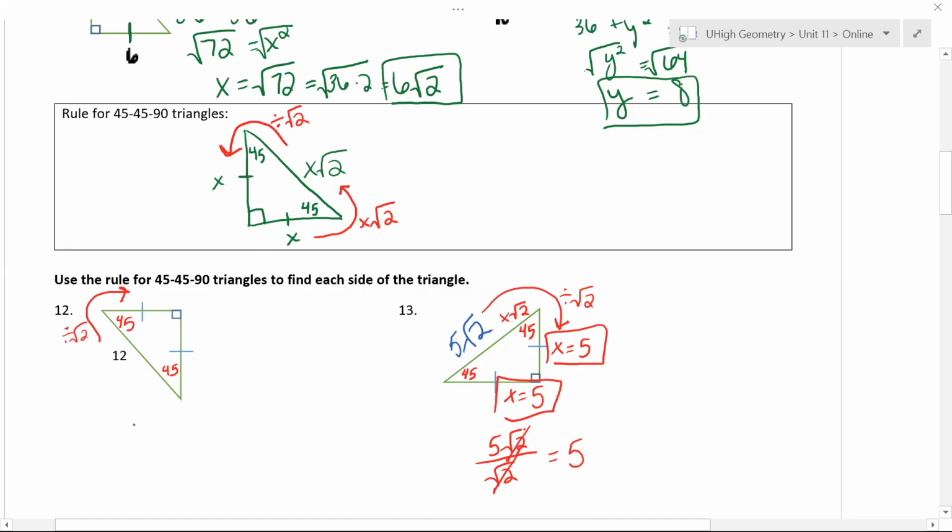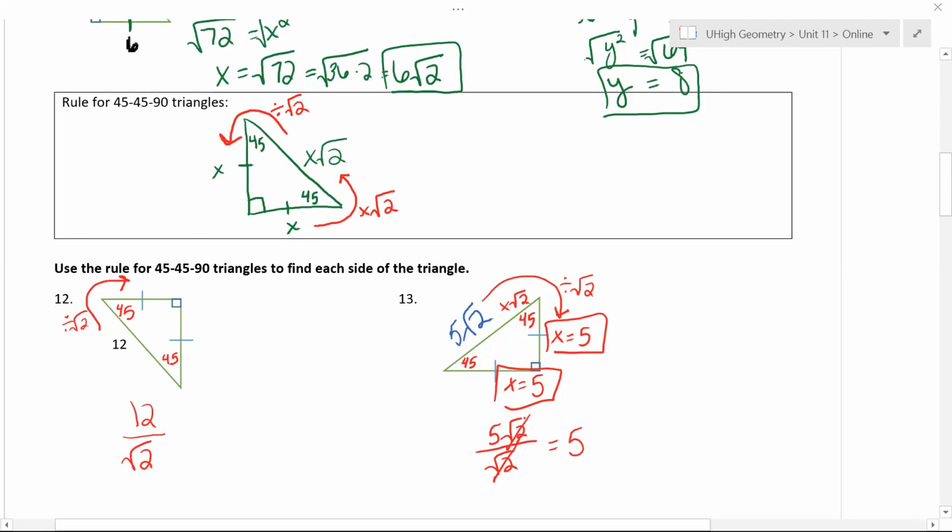So if I do my hypotenuse, which is 12, divided by the square root of 2, this is going to give me my legs. But I can't just leave my answer as 12 divided by root 2. I have to rationalize the denominator.